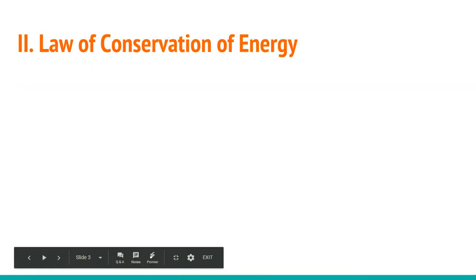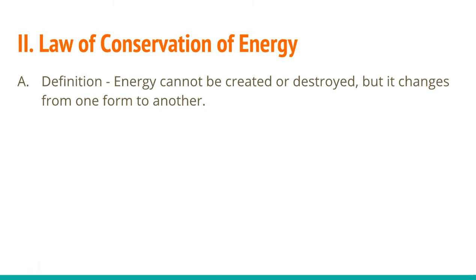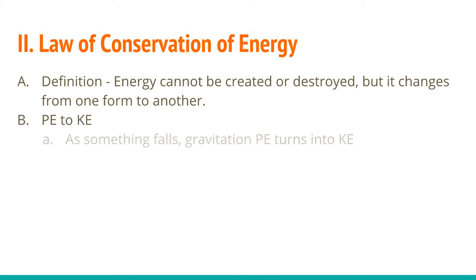Next, we need to know that the law of conservation of energy is that energy cannot be created or destroyed, but it changes from one form to another. The total amount of energy has to remain the same. So if we're converting energy from potential energy to kinetic energy, we're going to start with only potential as it falls.